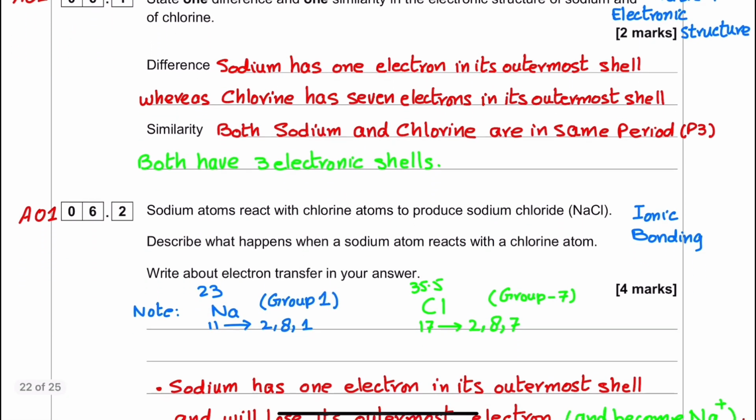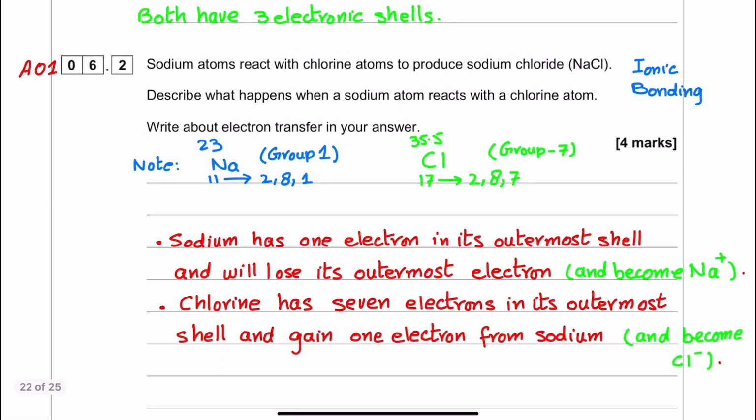Sodium has electronic structure Na 11 and 23. 23 is the relative atomic mass or the mass number. So if we look here at the electronic structure in our model answer, 11: 2 in the first shell, 8 in the second shell, and out of 11, 1 electron will be left in the third shell.